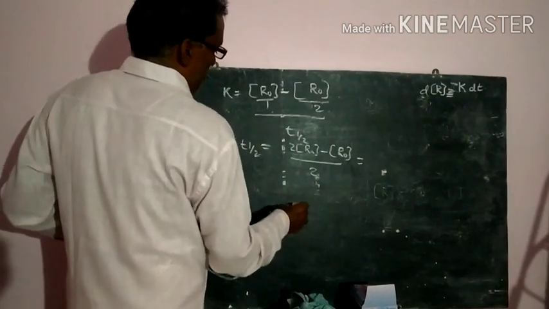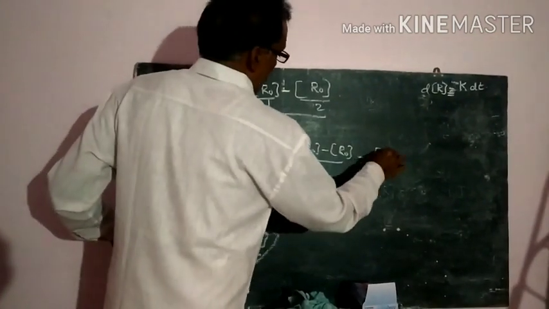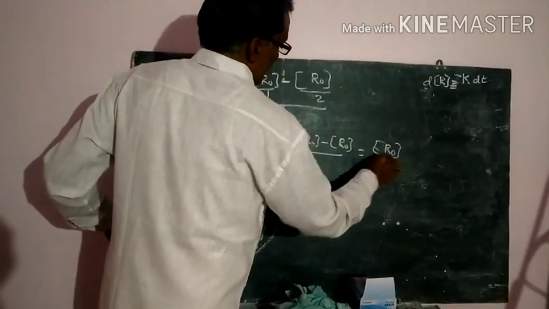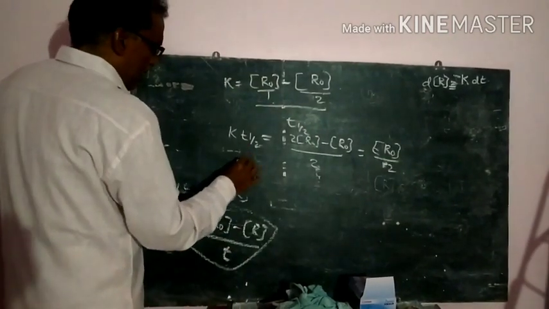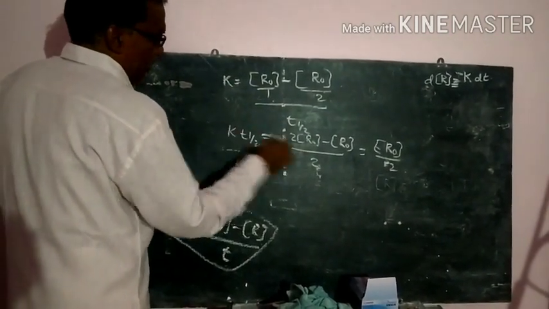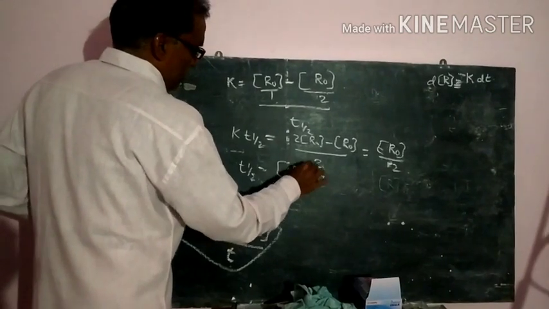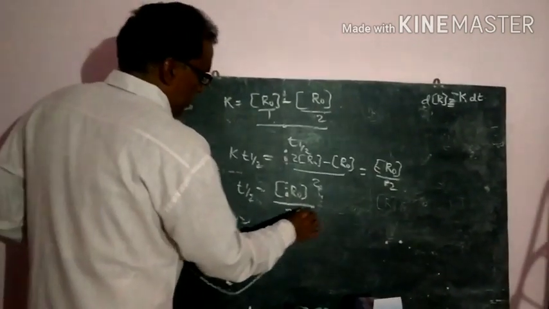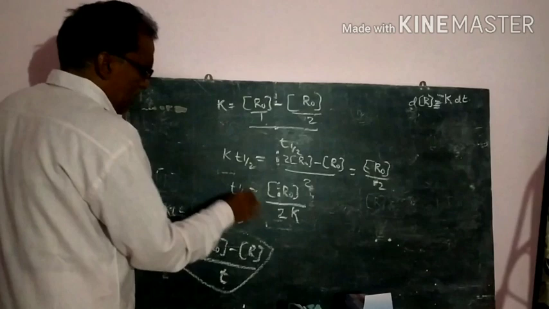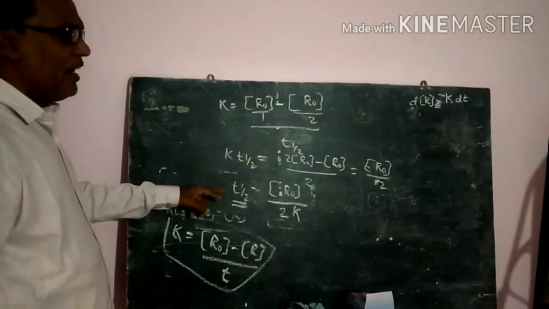That means you will get 1 time R0 by 2. So T half is equal to, K you bring to this side, R0 the initial concentration by 2 times K, which gives the half-life period of the zero order reaction.